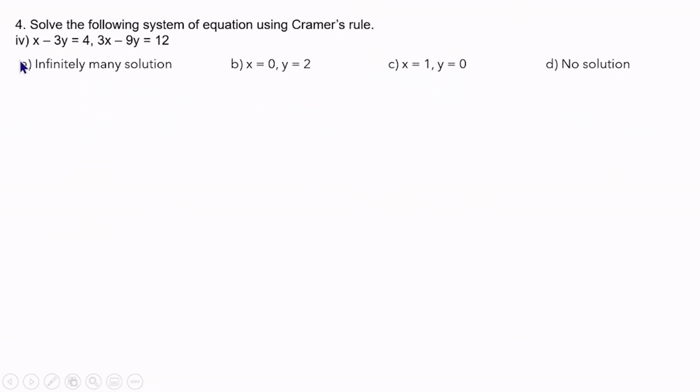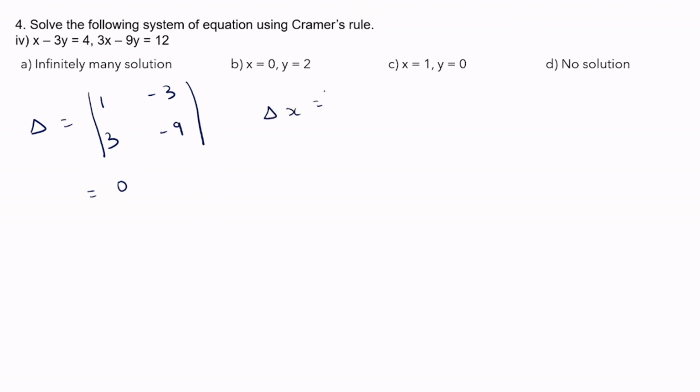The next question, x minus 3y equal to 4, 3x minus 9y equal to 12. So here first let us find delta. It is the determinant of the coefficient matrix. So it is 1, minus 3, 3, minus 9. So this is minus 9 plus 9, 0.